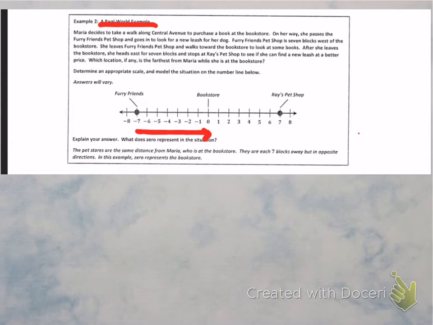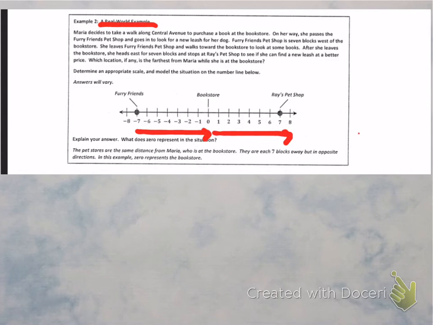She leaves Furry Friend's pet shop and walks towards the bookstore to look at some books. After she leaves the bookstore, she heads east for 7 blocks and then stops at Ray's pet shop to see if she can find a new leash at a better price.